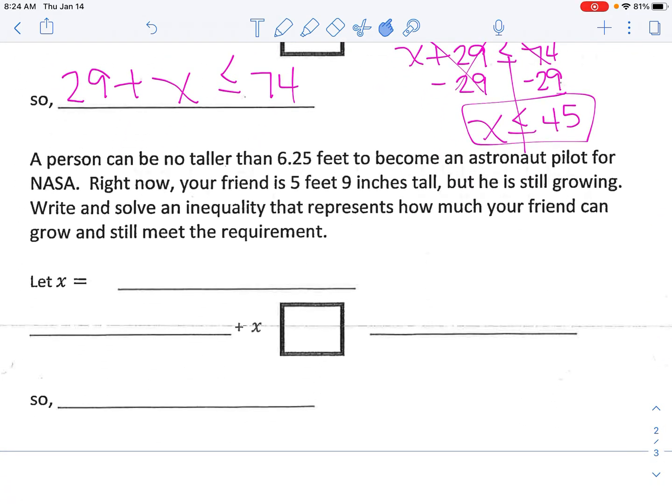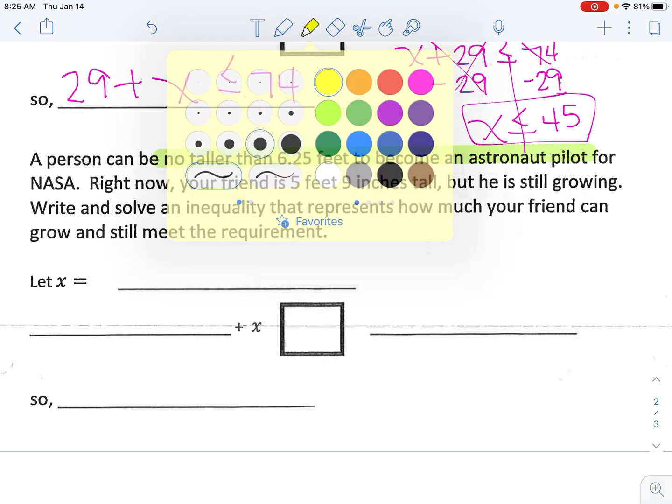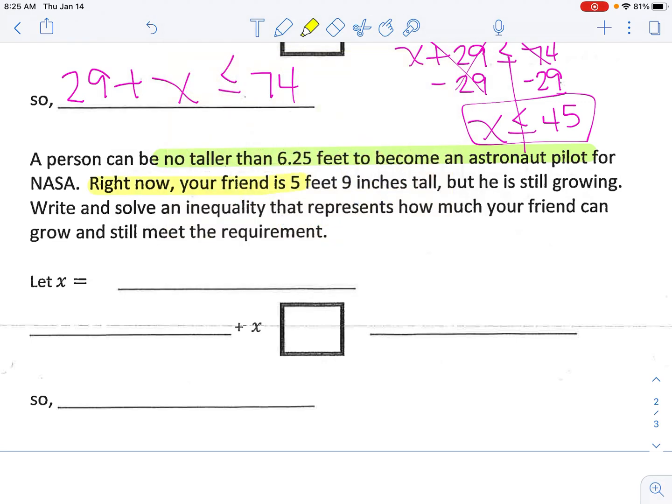All right, we made it to the last problem. A person can be no taller than 6 2/25 feet to become an astronaut pilot for NASA. Right now, your friend is 5 feet 9 inches tall, but he is still growing.